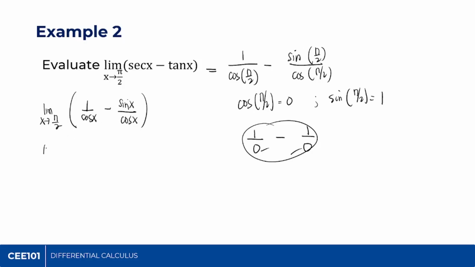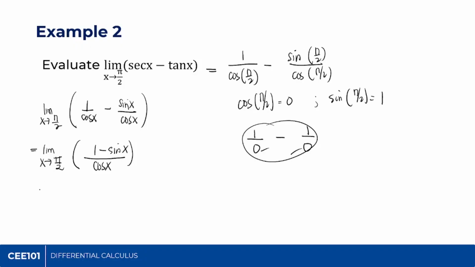So we can just combine. Okay? Combine natin yan. Okay, what is the combined form of this one? That is cosine of x, yung numerator 1 minus sine of x. Then, kapag i-evaluate natin as x approaches to pi over 2, the same pa rin yung kakuha natin. Indeterminate form pa rin.